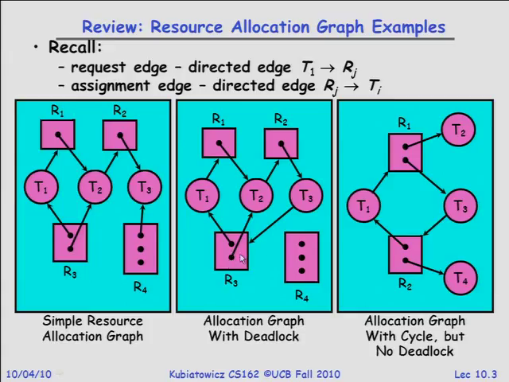And this resource will never be available until either T1 or T2 are free, and of course, they're part of the cycle. So we have this cycle here, which is an actual deadlock cycle. And of course, the cycle on the far right is an example of a cycle that isn't a deadlock cycle. So notice that just because you have a cycle doesn't mean you have deadlock. That's only one of the 4 conditions. Were there any questions on this?